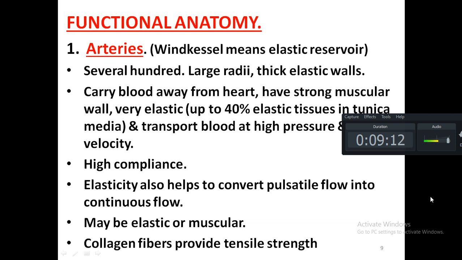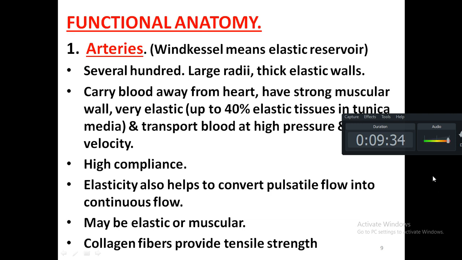Number one are the arteries. These are also called the Windkessel arteries because they are the elastic reservoir arteries. Their number runs into several hundred. They have large radii and their walls are quite elastic and thick.